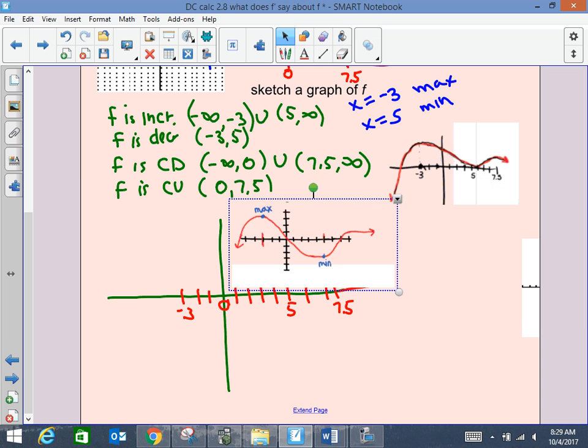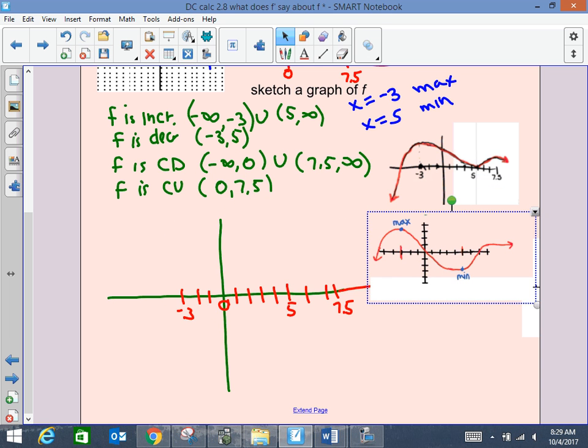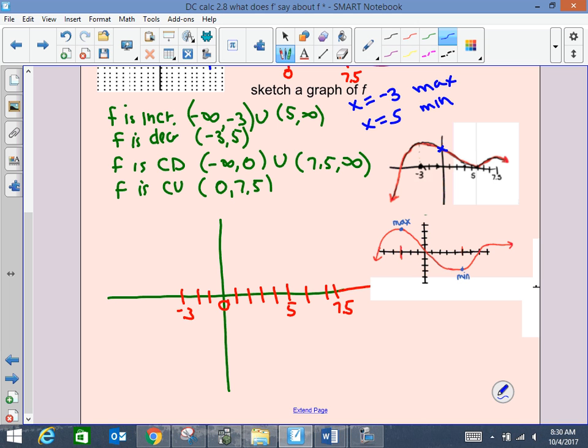So the max and the min, you really don't know how far down they're going to be. All right, so the max and the min, the increasing, the decreasing, increasing. Okay, now concavity. From 0 to negative infinity should be concave down. So like right here, I would say that would be concave down.